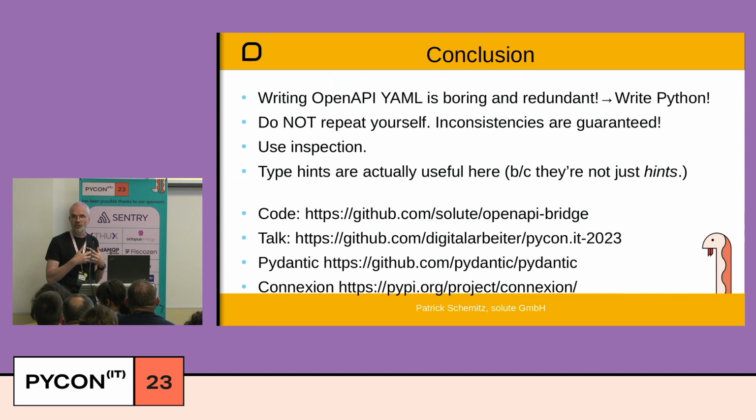And then we use inspection to collect all the metadata about endpoints and schemas. Thus, we get rid of all the redundancies, because these redundancies, no matter how disciplined we are, sooner or later, they will lead to inconsistencies. And also, we put the type hints to some good use, because now they are enforced by Connexion.